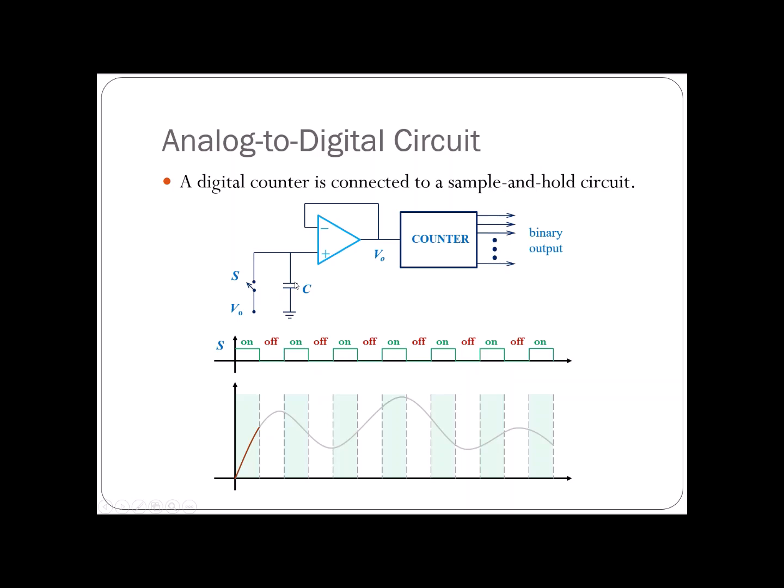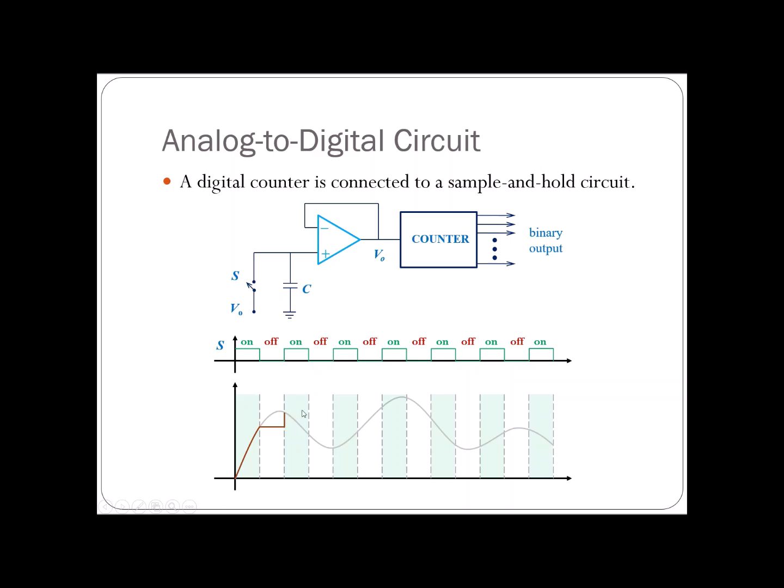What is the voltage from the charged capacitor? Of course, we will have a constant voltage. So when this switch is off, the voltage here is basically the same as the last voltage when the capacitor was charged. So during this off period, we will have a constant voltage here until we close the switch again.